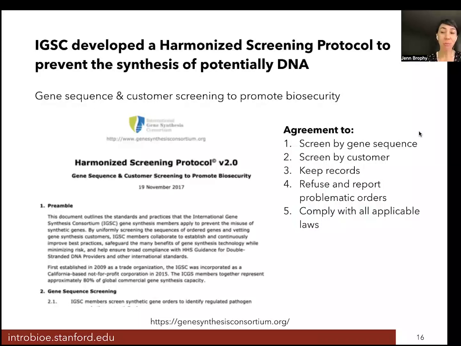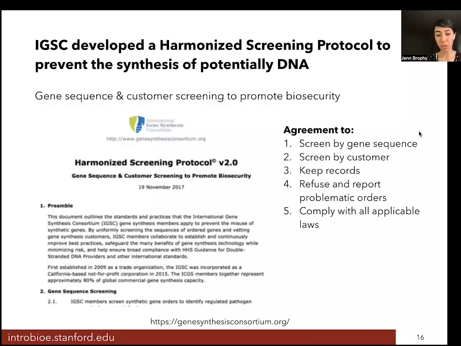So they make note of who has synthesized what and when so that they can go back and look for trends, potentially identifying people who have no previous criminal records, but maybe have problematic patterns appearing in their synthesis orders. They can also refuse, and if they do refuse to synthesize DNA for somebody, then they report problematic orders to the group as a whole.